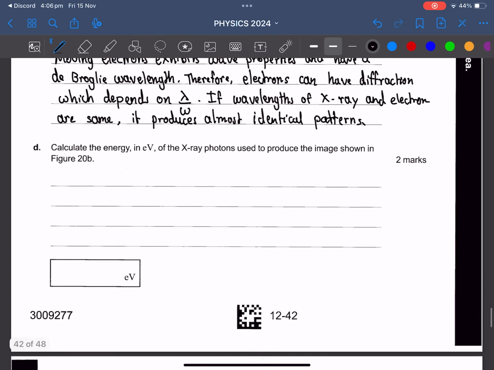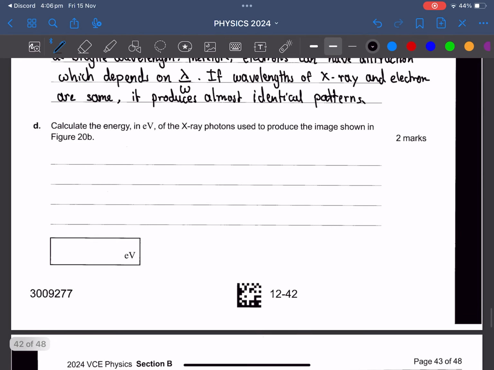Calculate the energy in eV of the X-ray photons used to produce the image shown in figure 20b. So that's easy. E equals hc on lambda.